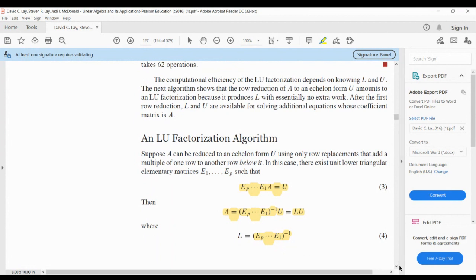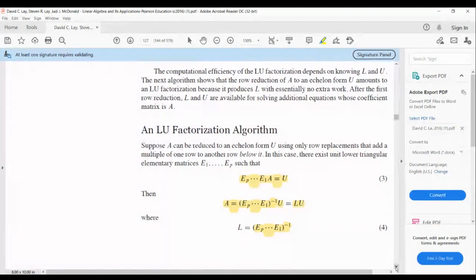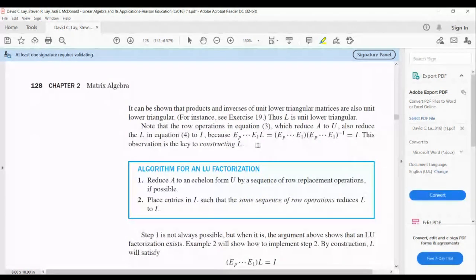Now, if we go to the next page, remember I had said that the row operations that we use to reduce the matrix A to the matrix U would also reduce the matrix L, the lower unit triangular matrix, to the identity.